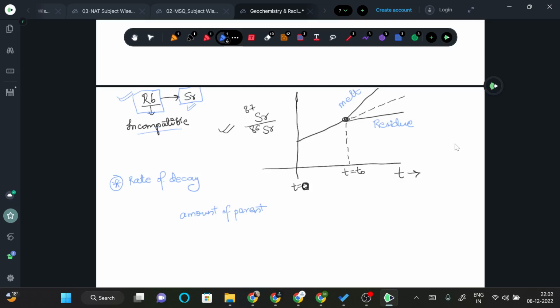And is the amount of parent directly proportional to the amount of daughter or inversely proportional? These three relations are important. You all tell me, is it directly or inversely proportional? These things will come again and again in radioactivity. This is a part of isotope geology, this particular question, and these things will come up again and again.